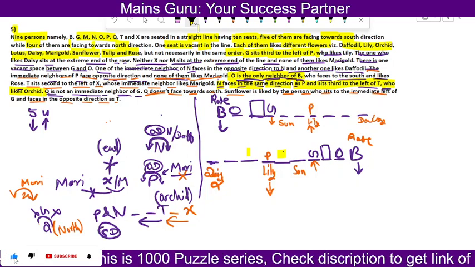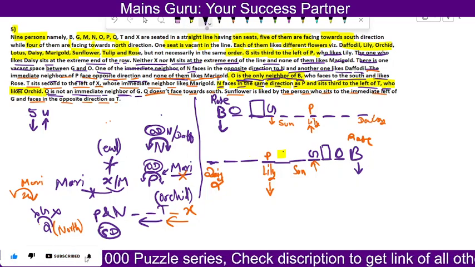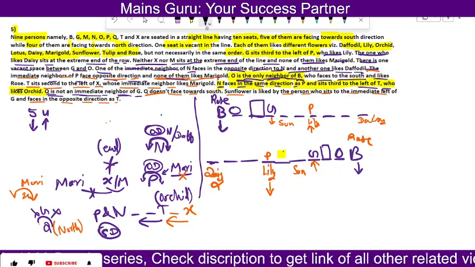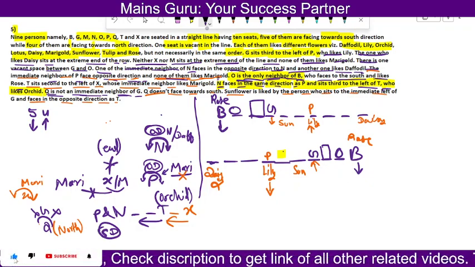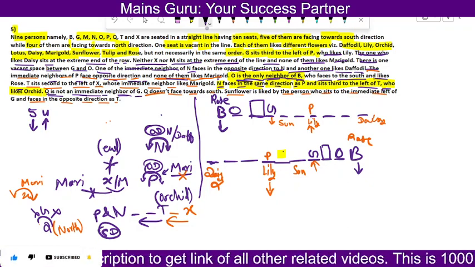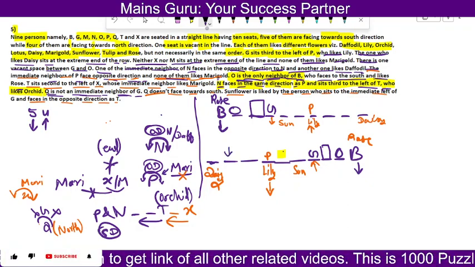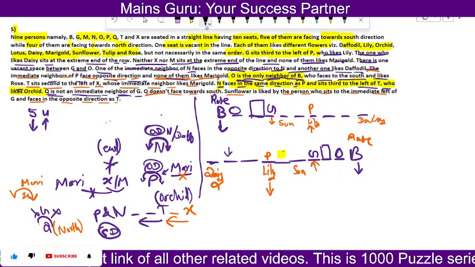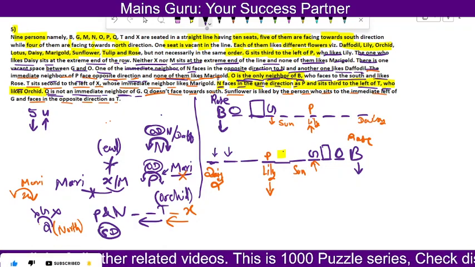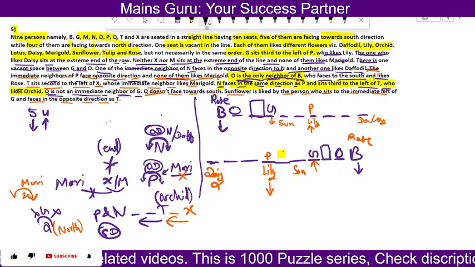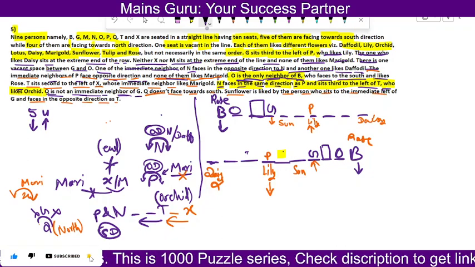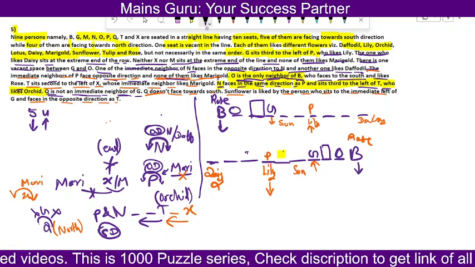T is definitely not possible here, and here also T is not possible. Why? Because where will X go then? And if I write T here, that is not possible, because where will N go then? So we will check here only. If this condition goes wrong, then definitely T will be here. Okay, so now let's check it.